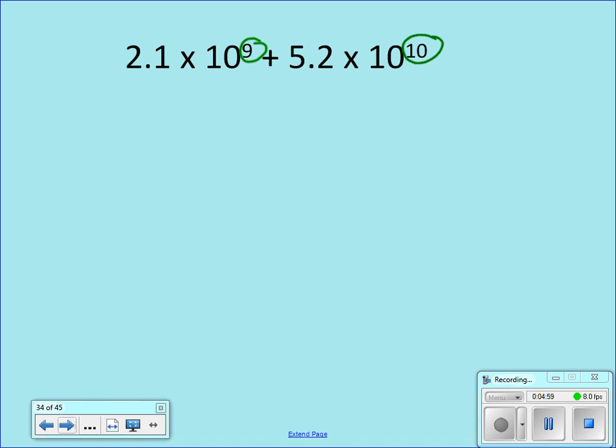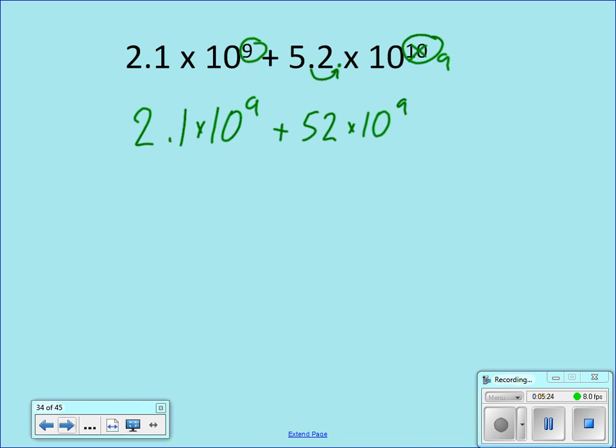So I have to do one step in between. I want to make them both have the smaller exponent. So I'm going to leave this one, 2.1 times 10 to the 9th. If I move this decimal back one spot, that would change that from a 10 to a 9. So it would be plus 52 times 10 to the 9.